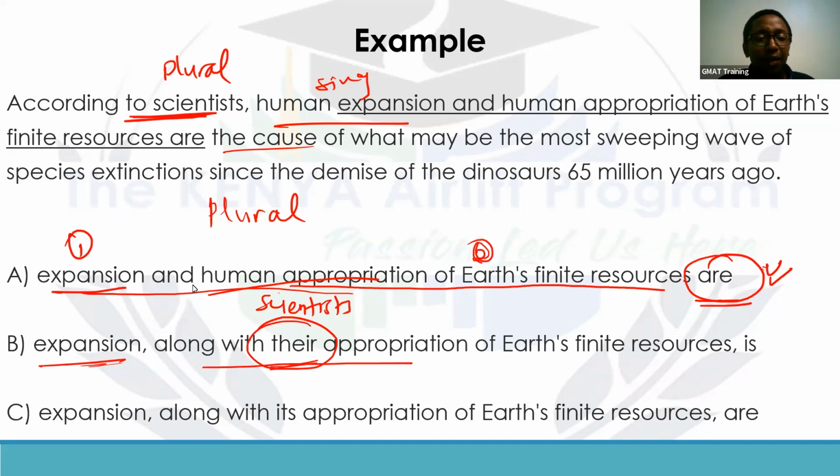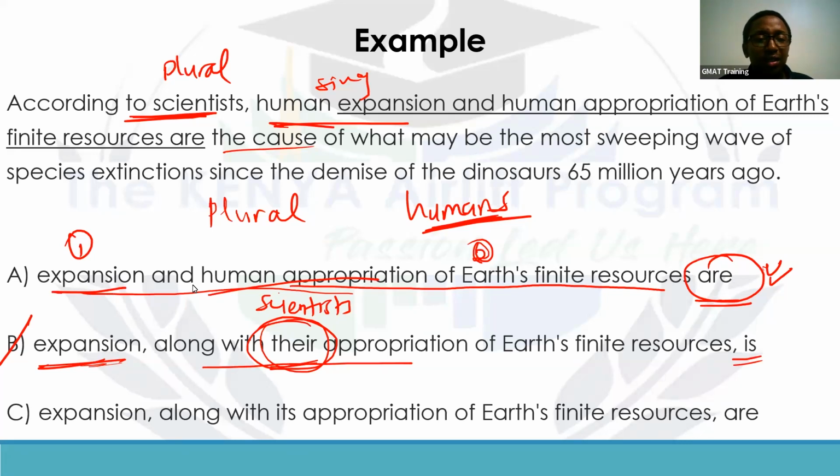And in this case, we don't have maybe the noun humans, where we could refer to it as there. So already we have a pronoun error there, along with the appropriation of Earth's finite resources is the cause of what may be the most sweeping wave. So you can eliminate B.